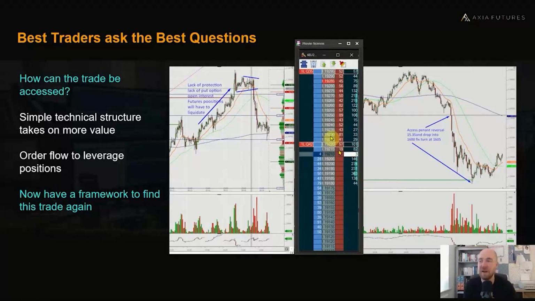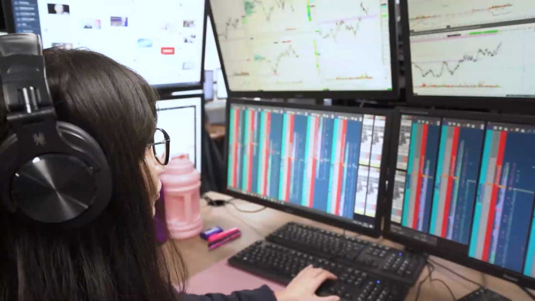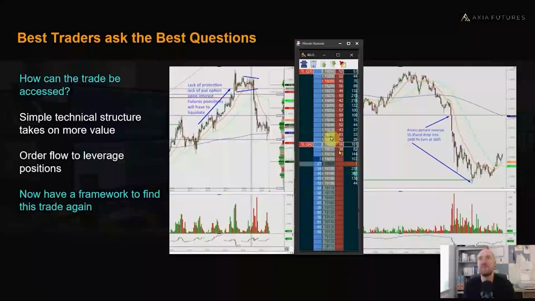And that's what I mean by the best traders ask the right questions. They don't simply ask themselves, well, there's a lack of protection here. Where can I sell it? The question then has to be, what's my expectation? Where's my risk around this? There's that framework of how exactly you go about executing on a trade.